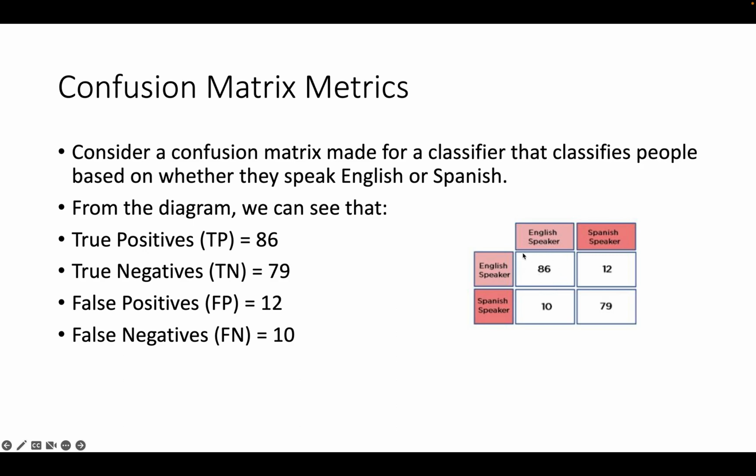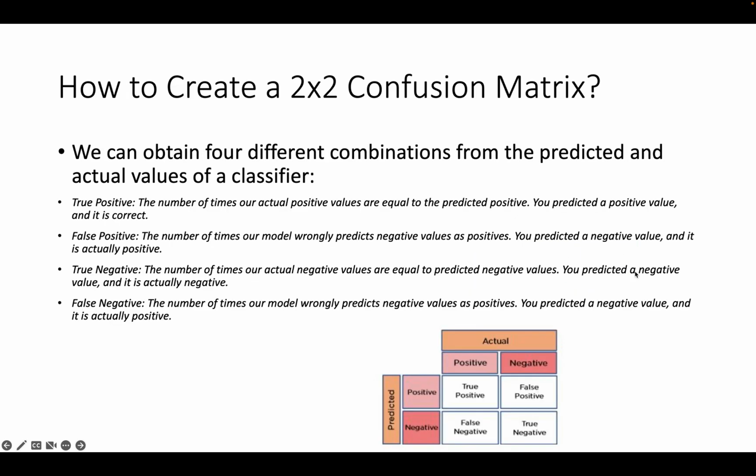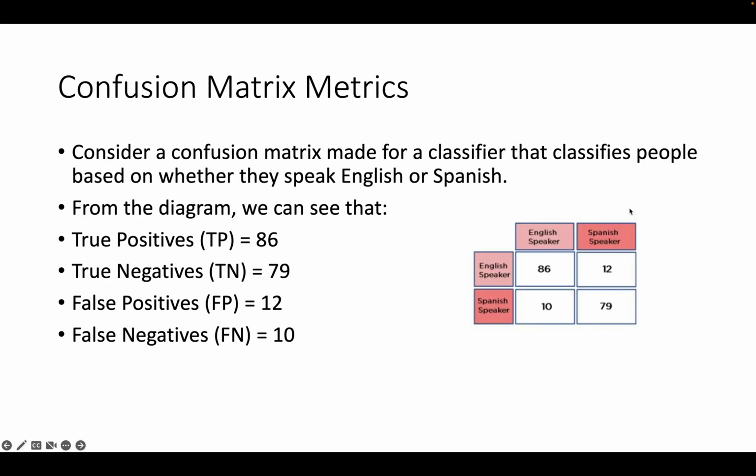They are English speaker and the model predicted कि वो English बोलता है. True negatives 79, मतलब स्पेनिश बोलता है, सही है. It predicted कि वो स्पेनिश बोलेगा और एक्चुअली स्पेनिश बोलता है. False positive, it predicted कि वो स्पेनिश बोलता है बट वो एक्चुअली इंग्लिश बोलता है. बराबर? ओ नो, it predicted कि वो इंग्लिश बोलता है बट वो एक्चुअली स्पेनिश बोलता है.